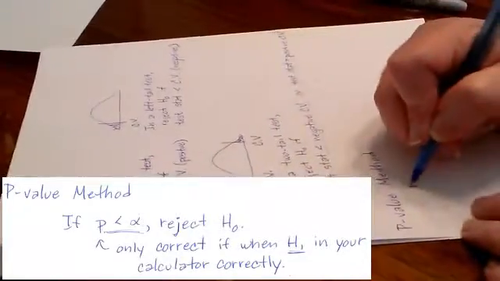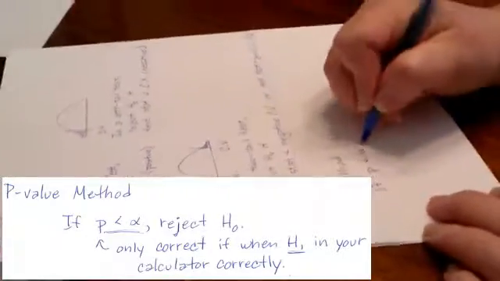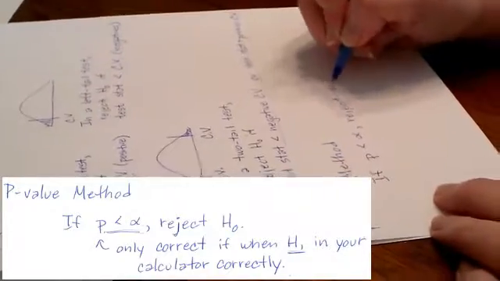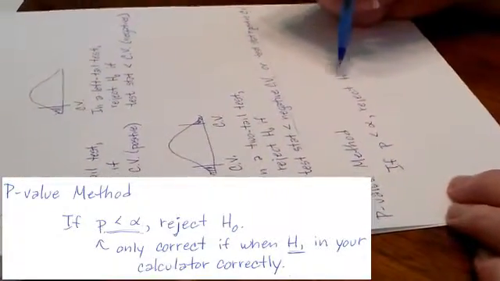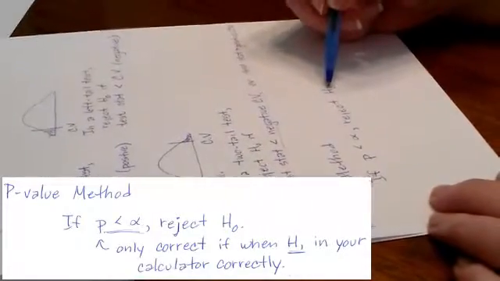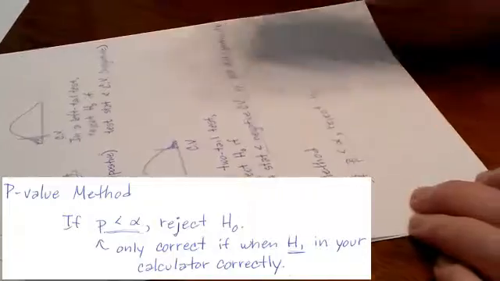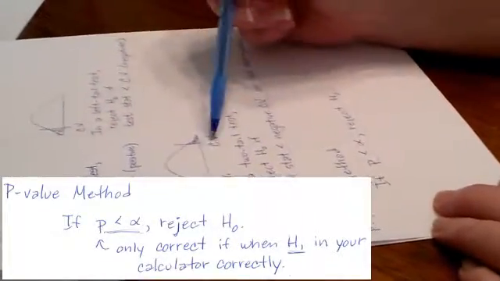For the p-value method, here's the rule. If p is less than alpha, reject the null hypothesis. This is true if it's a right-tailed test, a left-tailed test, or a two-tailed test. Doesn't matter. All the time, this is the rule. So for the critical value method, we're comparing the test statistic to the critical value.